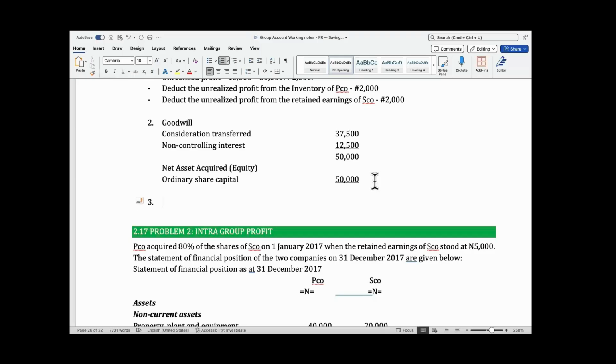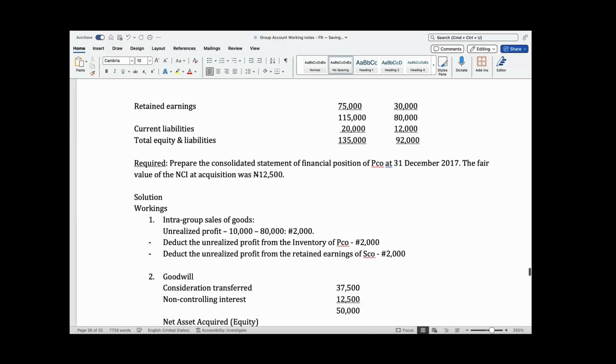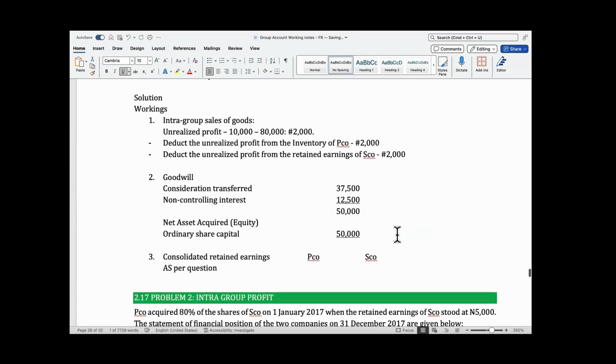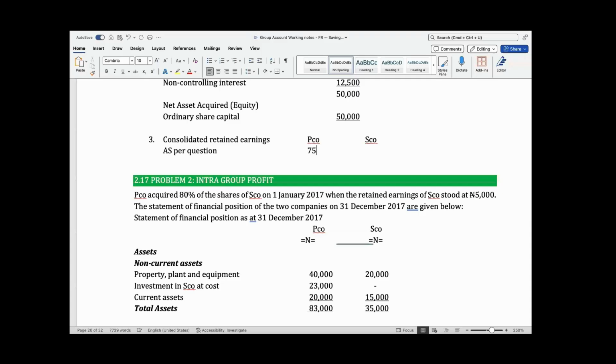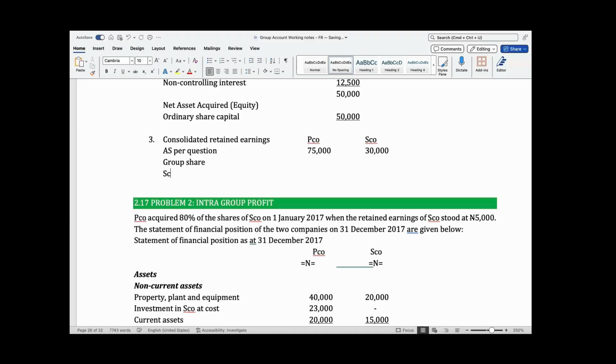And number 3, we have consolidated retained earnings. As per correction, this 75 and this 30. Then group share in ESCO. The group has 75% of this 30,000.